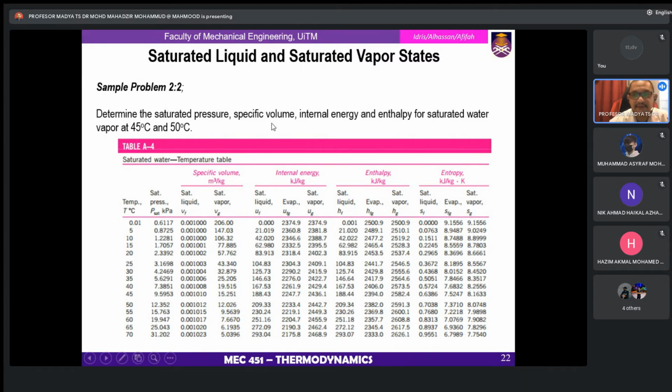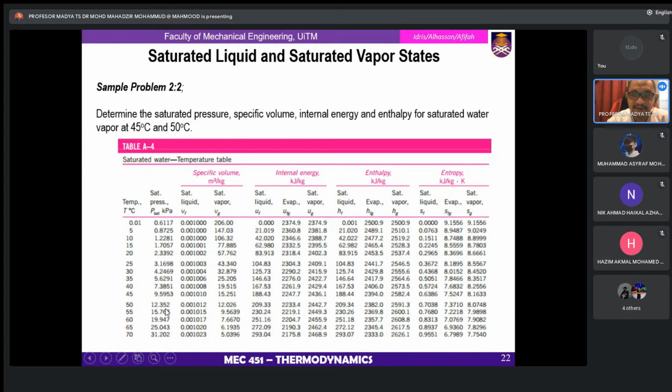The question says saturated water vapor at 45 Celsius, so you look at the temperature of 45 Celsius here. The saturated pressure is 9.59 kilopascal. That is the answer. For 50 Celsius, the pressure is 12.35.